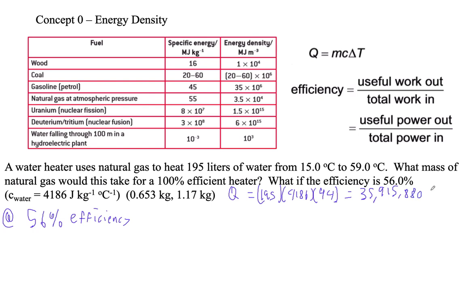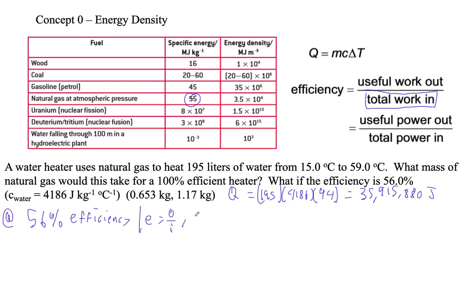That is still 35,915,880 joules, but that is our output. We want to know what the input energy is, because the input energy is what comes from burning the natural gas. So the efficiency is output over input.